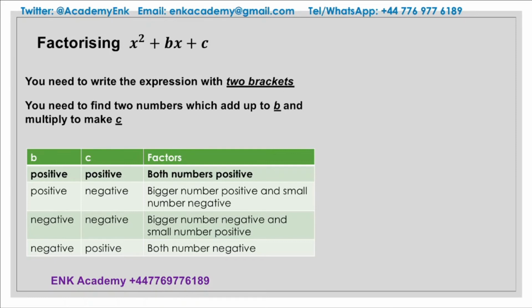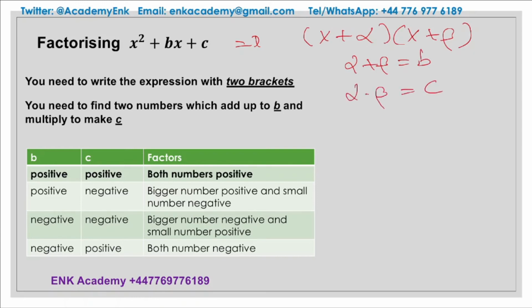That means if we want to write this expression as (x plus alpha) times (x plus beta), the condition is that alpha plus beta should be equal to b, and alpha times beta should be equal to c. And the way to remember is following the table over here.